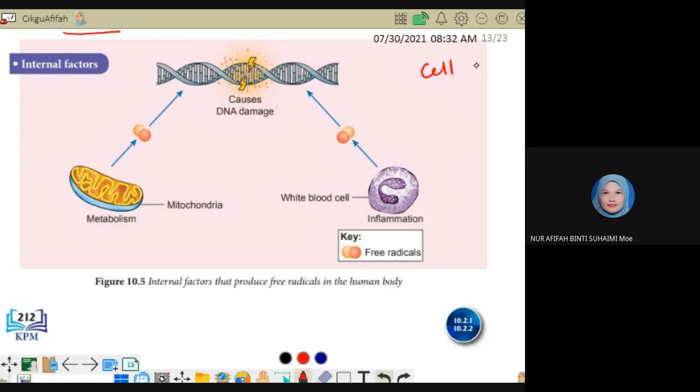Sel kulit, sel rambut, sel mata, sel darah, sel tulang. So the whole of our body is built from cells. So if there are a lot of free radicals inside our body, it will attack each of our cells. Right? So if it attacks our reproductive cell, it will cause infertility, kemandulan.